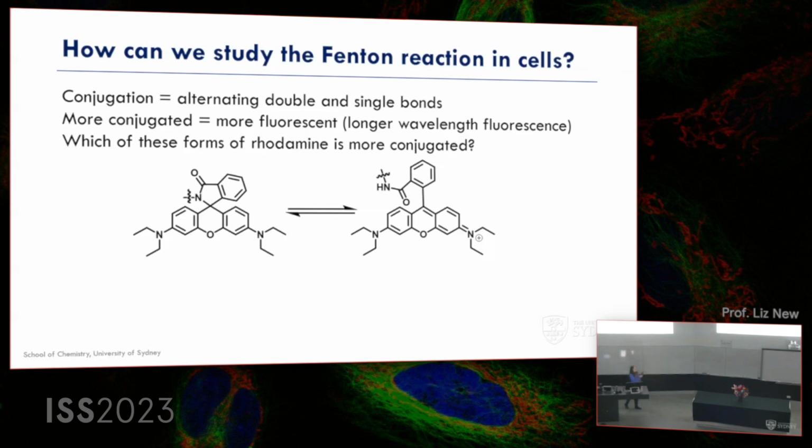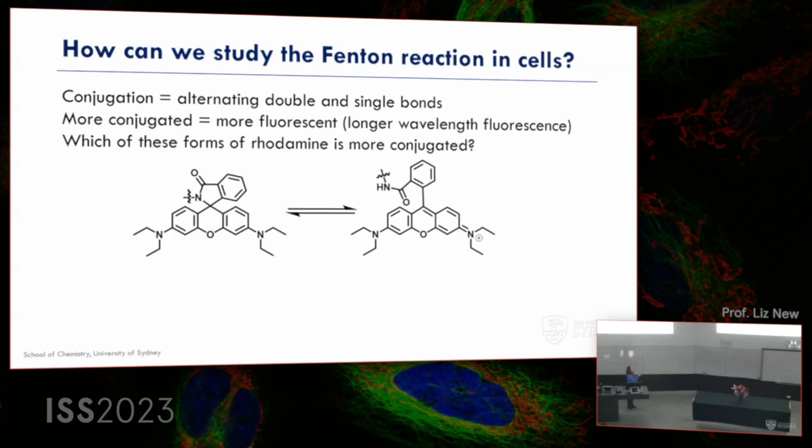So rhodamine can exist in a couple of different forms. Here is the ring closed form, and here is the ring open form, where you can see we don't have this ring here. And can you tell me which one of these two is more conjugated? The one on the left or the one on the right? So the one on the right, because if we count through how many bonds we have that are alternating double and single bonds, we have 1, 2, 3, 4, 5, 6, 7, but then we can't get to the next one.